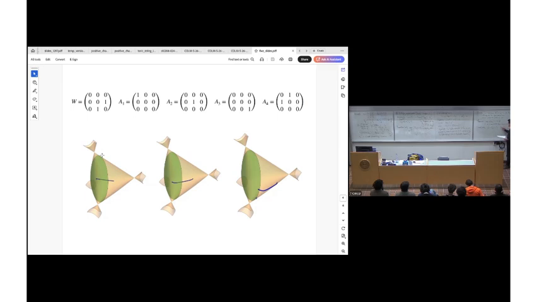So we have n eigenvalues, and you introduce some extra variables z1 through zn that you should think of as the exponentials of the eigenvalues.